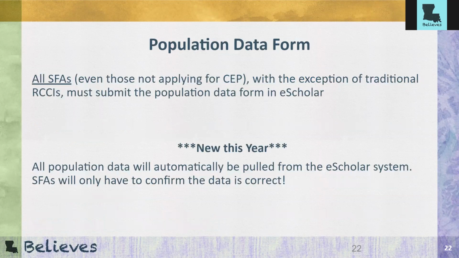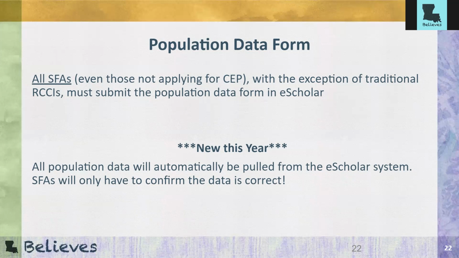So the population data form: all of our school food authorities, anybody that operates the National School Lunch Program, except for our residential childcare institutions, must submit the population data form.